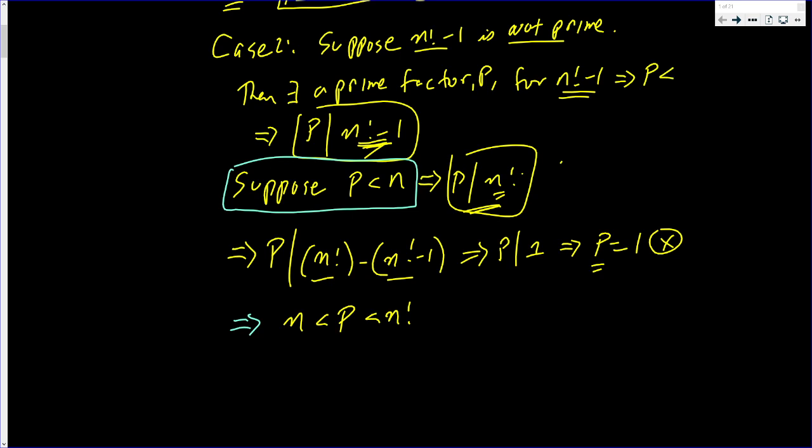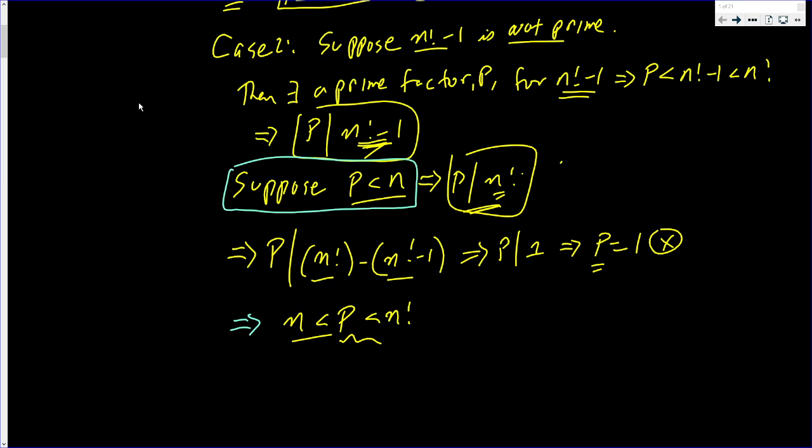That means the factor must be less than that, which in turn is less than n factorial. So whether p is less than n or n is less than p, p is certainly less than n factorial. But p is also bigger than n.